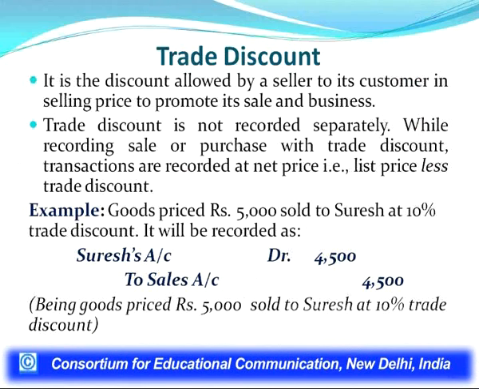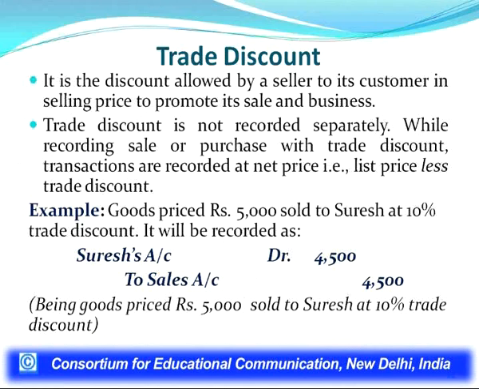The firm wants to increase its sales, wants to promote the business. Now, from the accounting point of view, we do not record trade discount separately in our books. We record the transactions of purchase or sale with trade discount at the net sale price or purchase price. It means the list price or market price minus trade discount. So, the transactions are recorded at the net price.